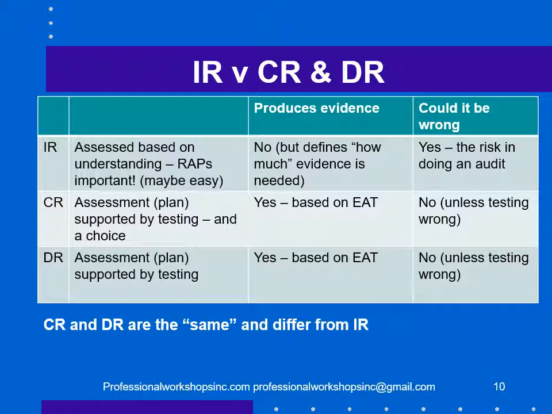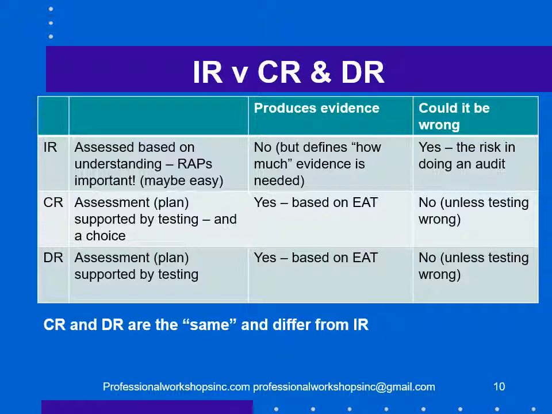Now, do those risk assessment procedures, do those analytical procedures that we do as part of planning, do they produce any evidence? No. But it defines how much evidence is needed. If inherent risk is low, we need a lower amount of evidence, whether obtained by control testing or substantive testing. If inherent risk is higher, we need more.